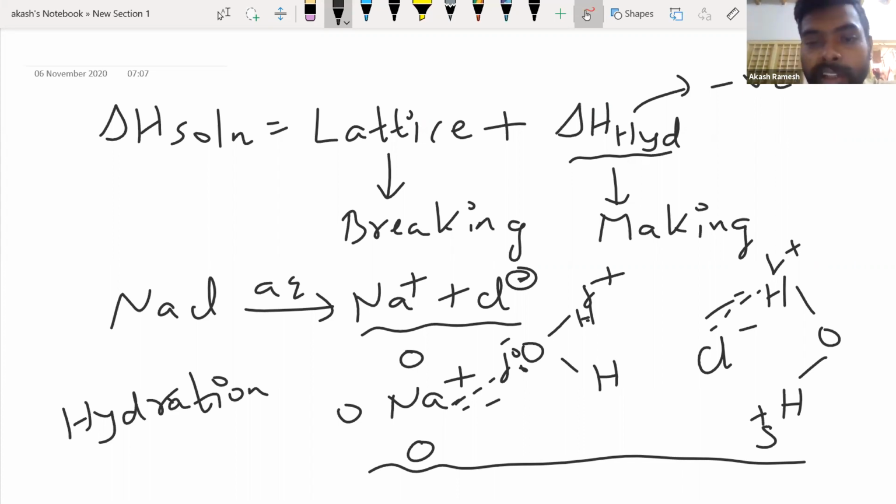So hydration enthalpy will always be negative. And with lattice enthalpy, you are trying to break some bonds, so that is going to be a positive value. Lattice enthalpy will always be positive and hydration enthalpy will always be negative, because one involves breaking of bonds and the other involves making of bonds.